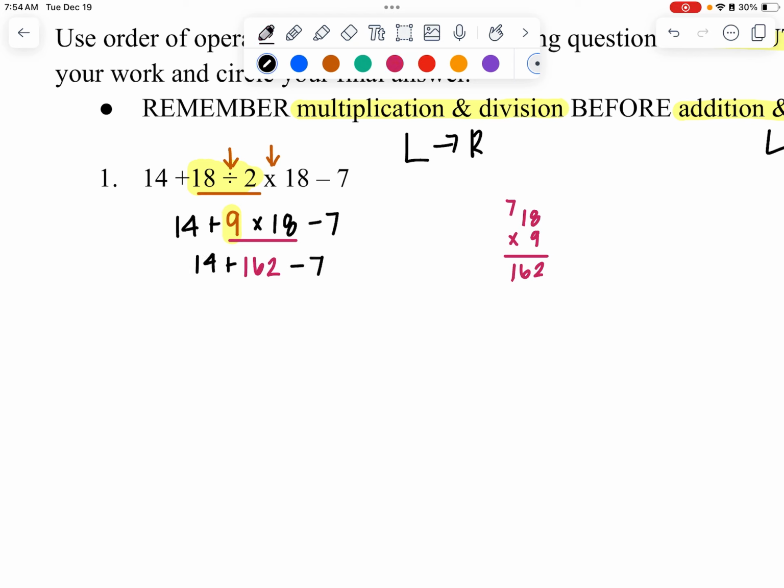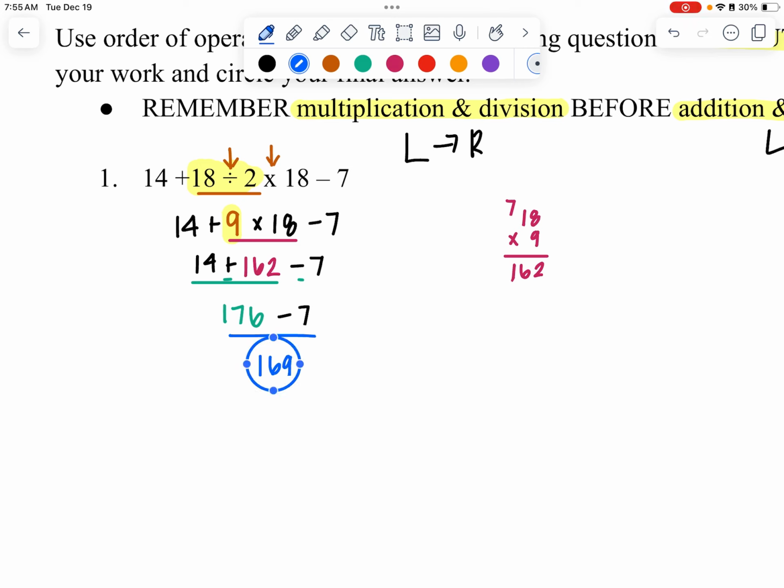Notice how I'm keeping each step in order, because I don't want to accidentally add to the wrong part of the equation. When I'm deciding between addition and subtraction, I'm going to do whichever one I see first. So I'll add 162 plus 14 for 176, and then I'll subtract 7 as my final step to end with a final answer of 169.